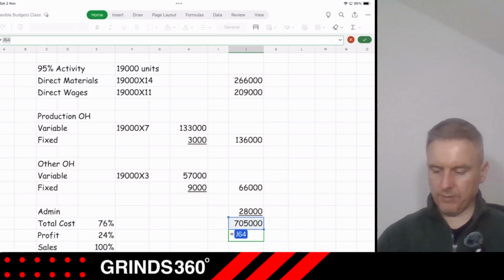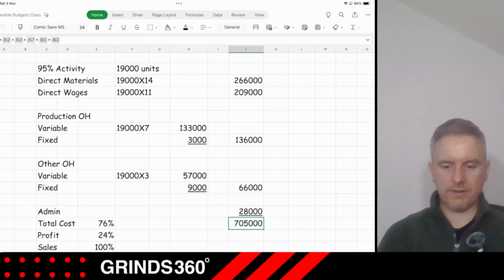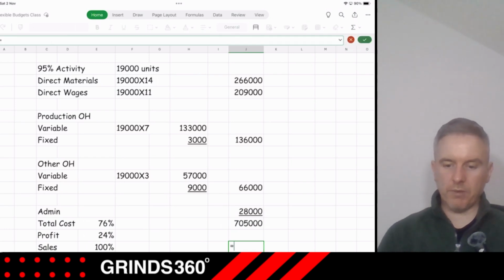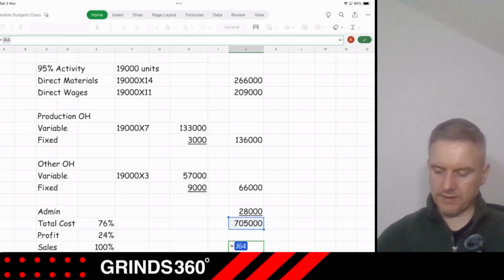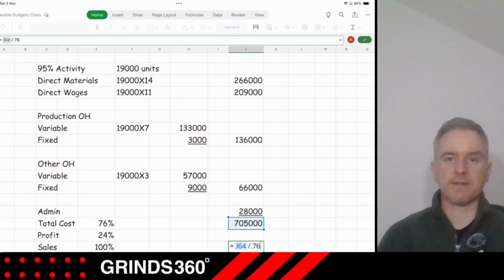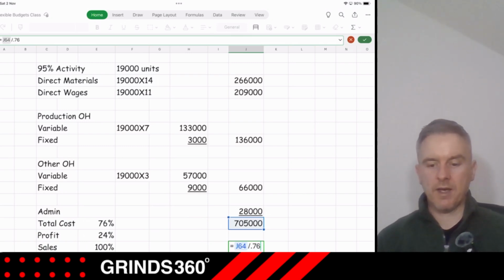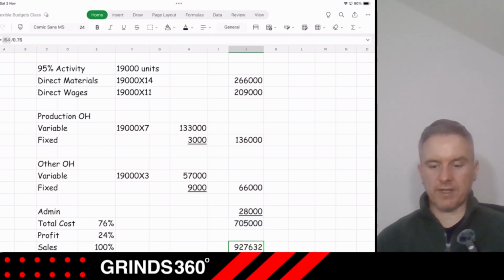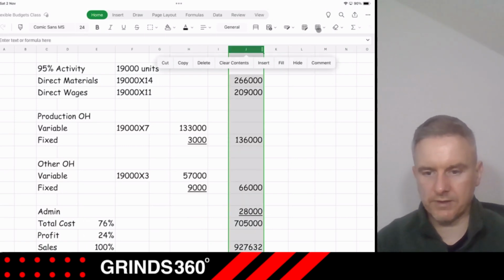So you're going to come along and say, for your total cost, it's 705,000. That represents 76%. So to find out what the sales figure is, you take your total cost divided by 0.76. So the percentage that the cost is. So 0.76. So that's 927,632. Now this could be rounding automatically. I'll just check for you. You don't need to round it.